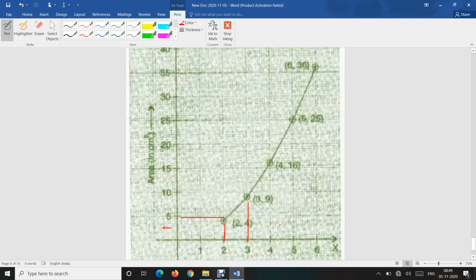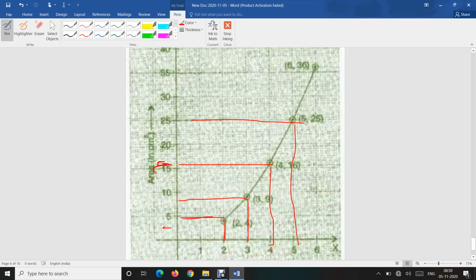Now when the side is 2, area is 4. When the side is 3, area is 9. When the side is 4, area is 16. It will lie after 15. When the side is 5, area is 25.